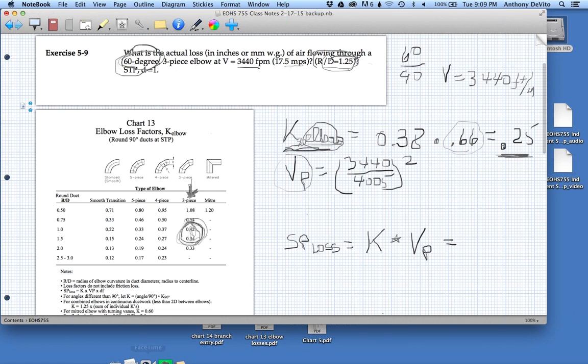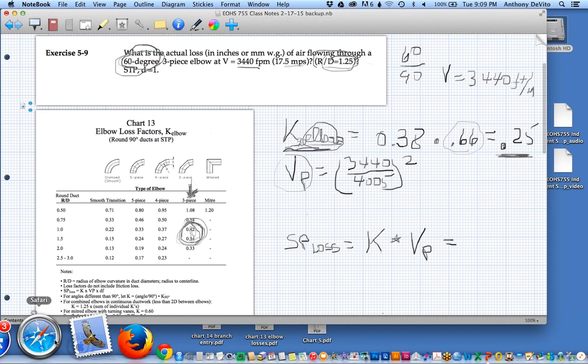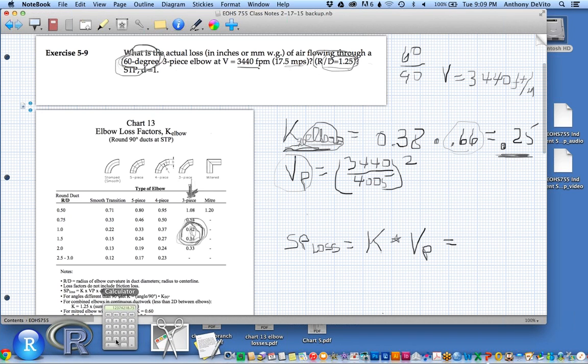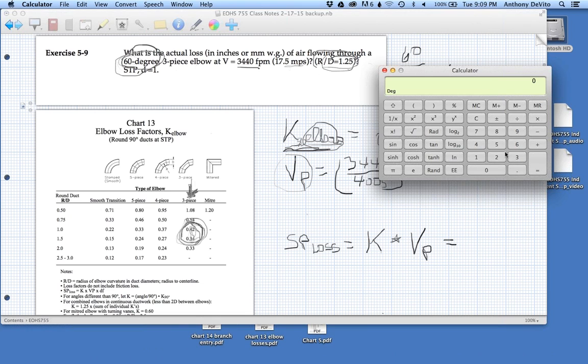Okay, so let's calculate what that is. 3,440, I'm sorry, I made a mistake there. 3,440 divided by 4,005 equals, times itself.